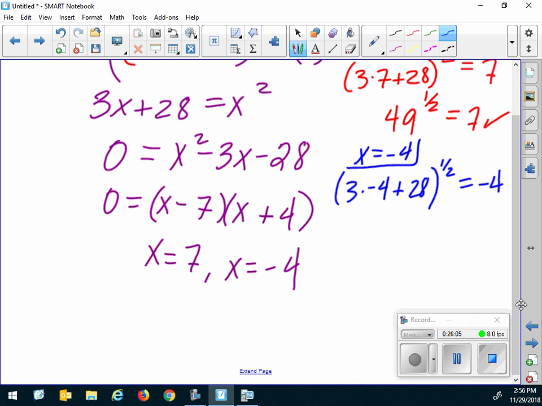That'd be -12 plus 28 is 16 to the 1/2. What is the square root of 16? Okay, remember, we're not going to do plus or minus because it's already here. Only positive. Square root of 16, 4. This is not -4.